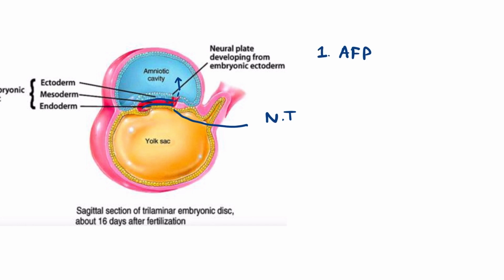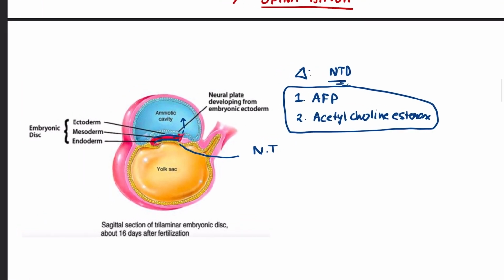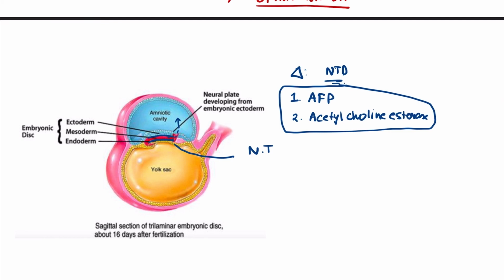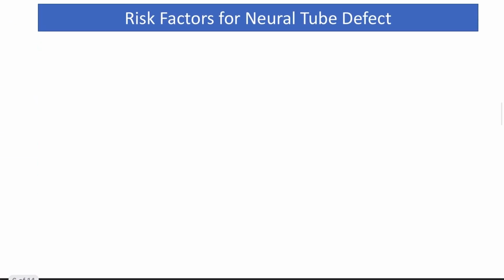That is alpha fetoprotein from the pores going into the amniotic cavity, and your acetylcholinesterase. These are used as a diagnostic test to diagnose neural tube defects during pregnancy. Though we use imaging studies, that is ultrasound, we can still use alpha fetoprotein or acetylcholinesterase as a marker.